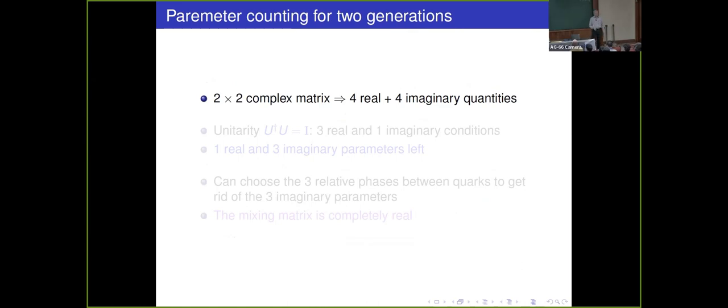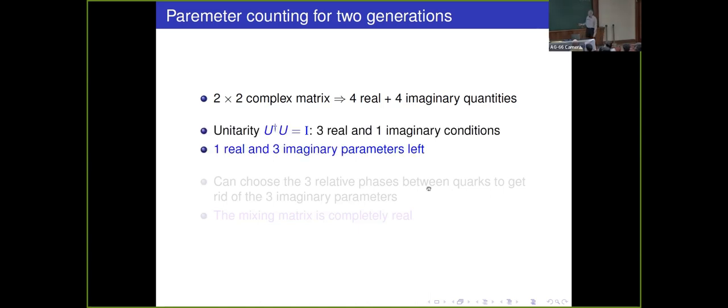All 4 are complex. So 4 real plus 4 imaginary quantities. Okay? Now we put a condition that this matrix has to be unitary. So which is U dagger U is equal to identity. These are 4 conditions, 3 of which are real, 1 is imaginary. So if you use these conditions, you are left with 1 real quantity and 3 imaginary quantities.